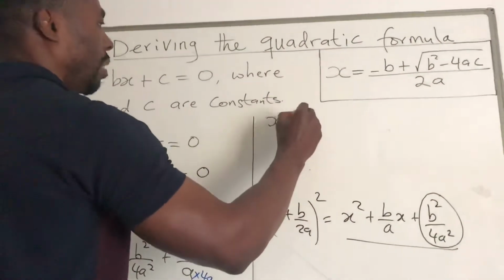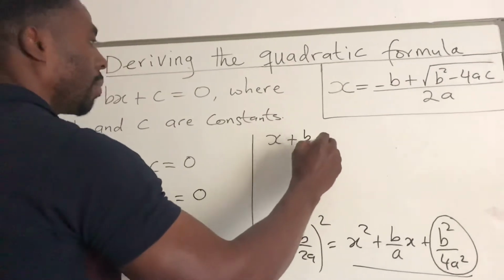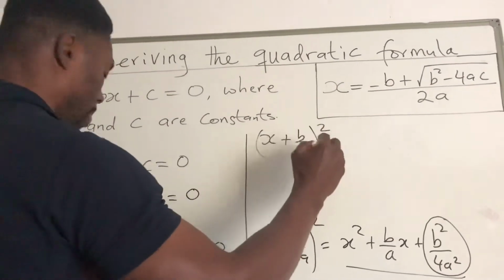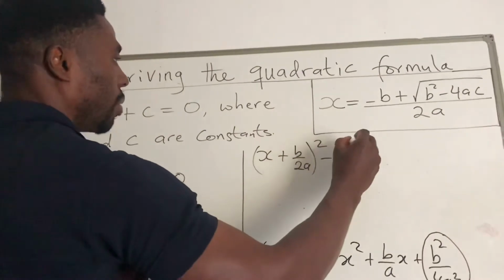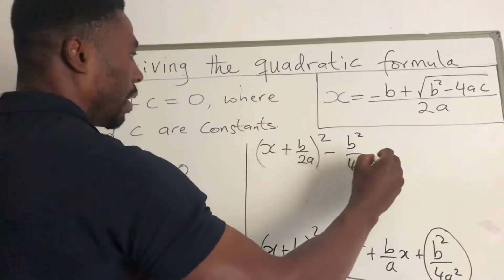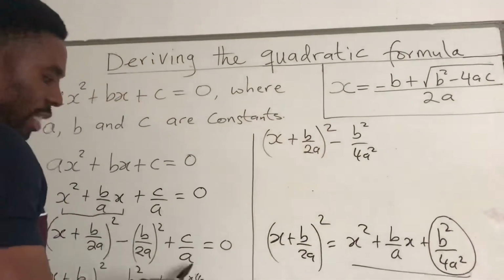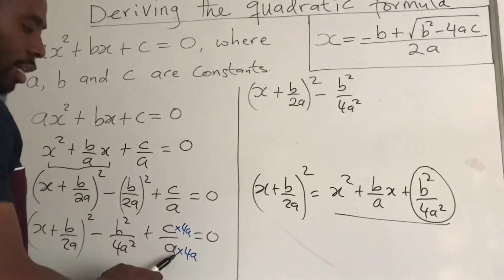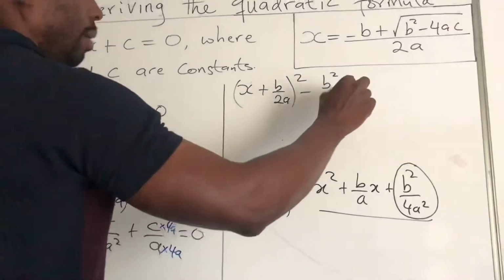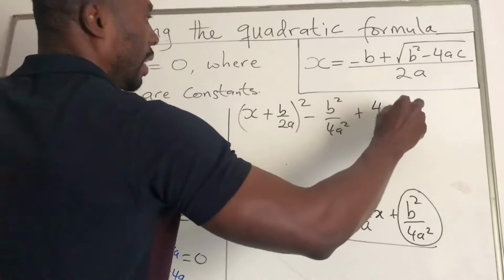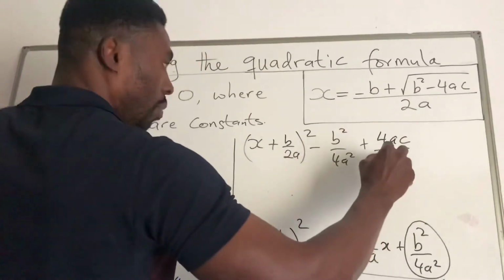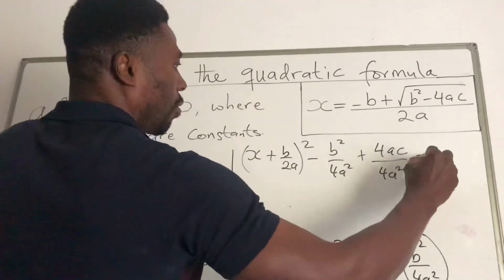x plus b over 2a in a bracket squared minus b squared over 4a squared. Because we times the numerator by 4a and the denominator by 4a, we get plus 4ac over 4a squared equals 0.